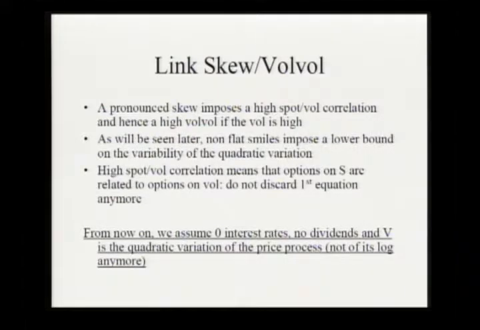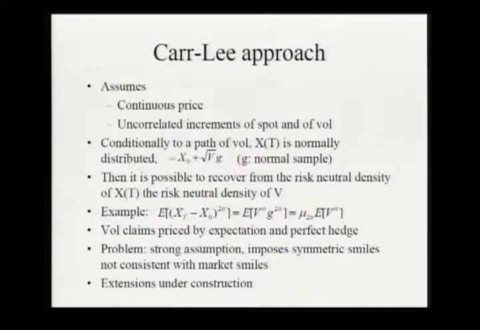And the question is to know how to transfer this correlation between price and volatility into a link between option on price and option on volatility, which is not direct, but it's possible to do to some extent. So let's try to see what we can do.